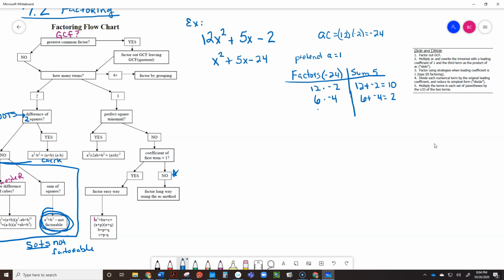Okay, so let's try 8 times -3. 8 times -3 will give me -24, and 8 plus a -3 will give me 5. That's the one that I wanted. So since I'm pretending that A is 1, when A is 1, these are my factors. This becomes x plus 8, and this becomes x minus 3.